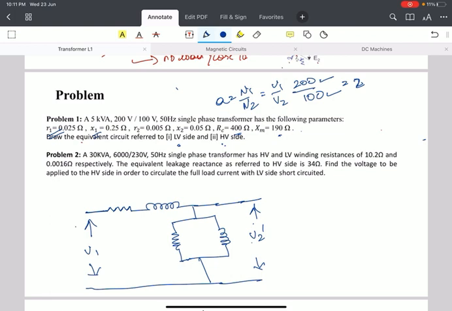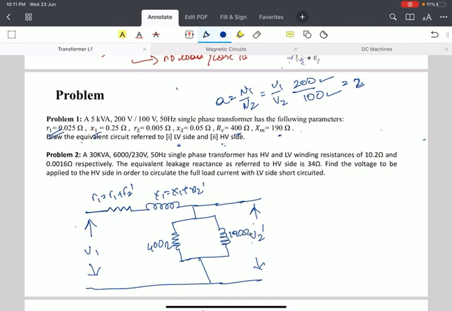So we need to find out how much this R1 is. R1 now is equal to R1 plus R2 dash, X1 is equal to X1 plus X2 dash. RC will be RC, which is 400 ohm, and XM will be 190 ohm.